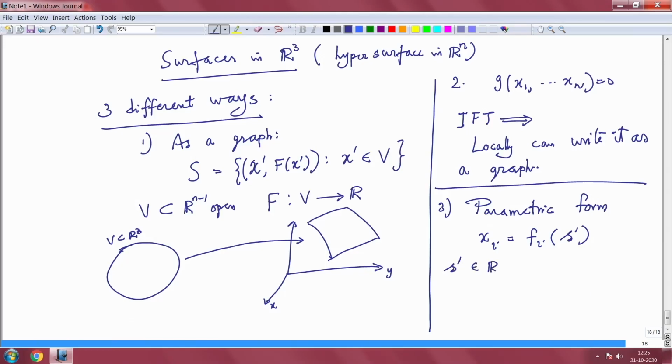Exactly as when you represent a curve in R2, you have gamma 1 of t and gamma 2 of t, where t is in [a,b].